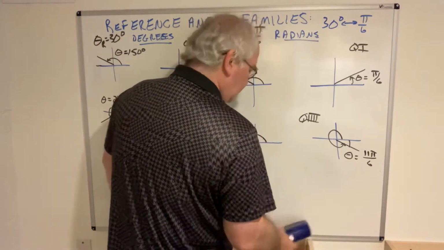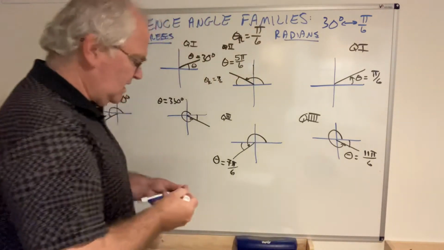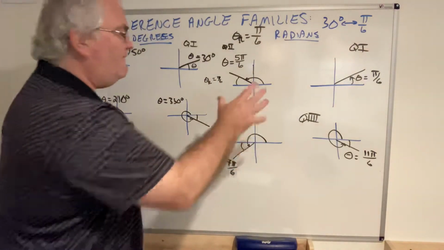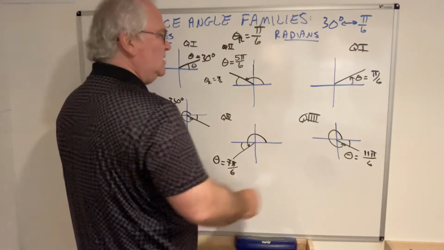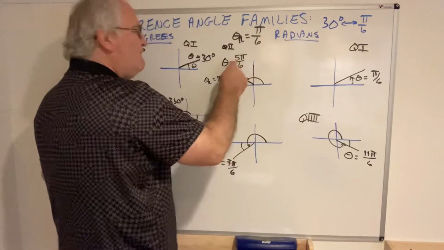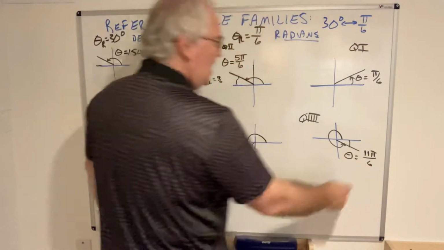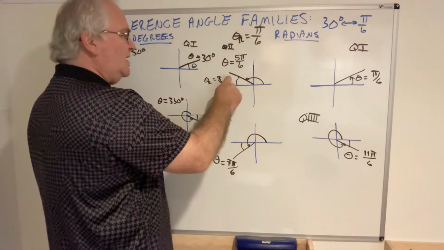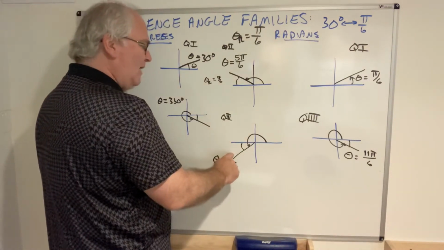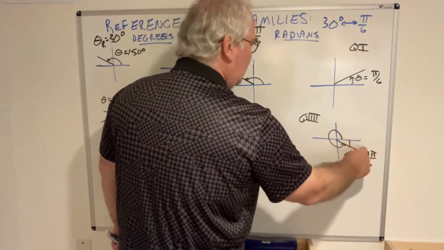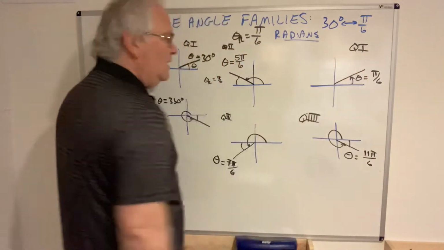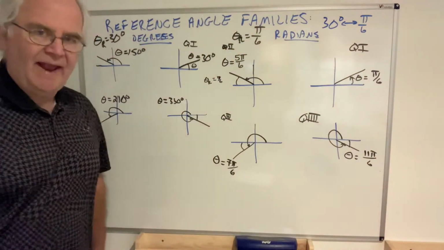So if the reference angle is pi over 6, then the reference angle family for pi over 6 is pi over 6, 5 pi over 6, 7 pi over 6, and 11 pi over 6. 6/6, take away 1; 6/6, add 1; 12/6, take away 1; and in quadrant 1, the reference angle is the angle itself.